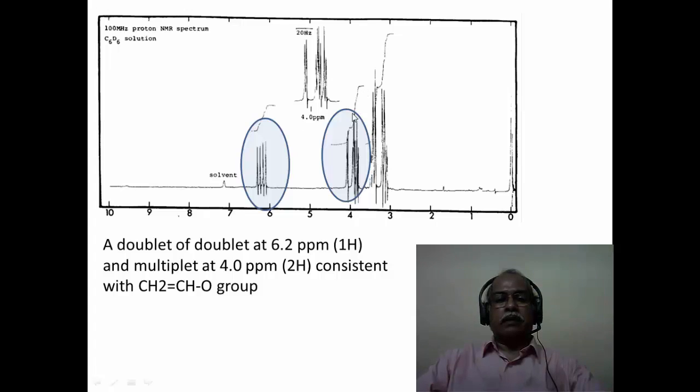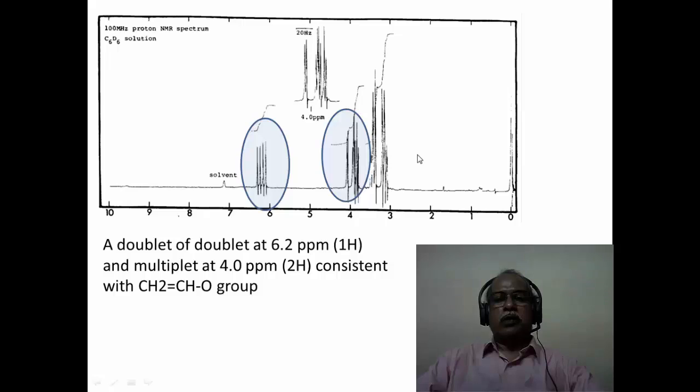Nevertheless, the indication tells us that it would correspond to the CH2 of the vinyl ether functional group. Here again, the beta hydrogens with respect to the vinyl ether are highly shielded, and the one alpha to the oxygen is highly deshielded. So there is a large chemical shift difference between the CH and the CH2 hydrogens in this particular molecule.